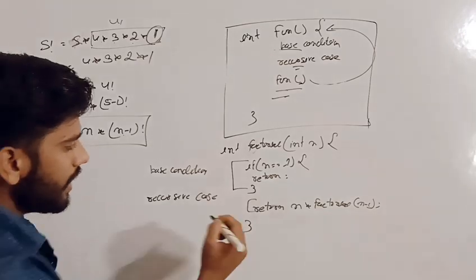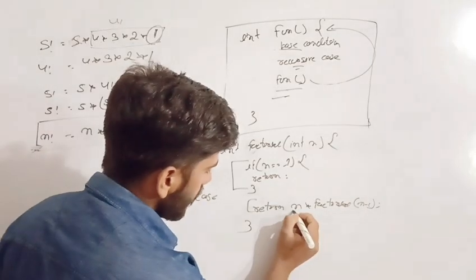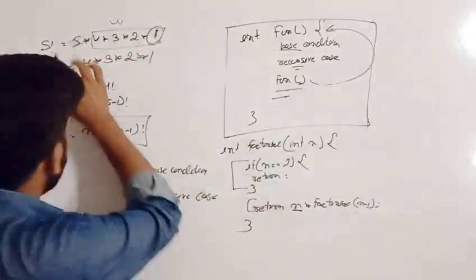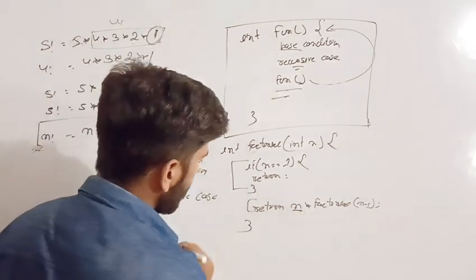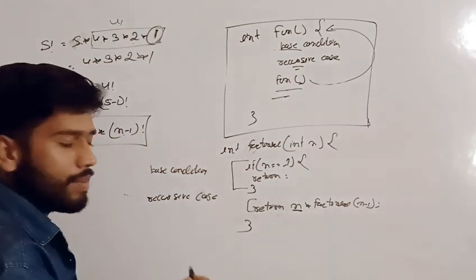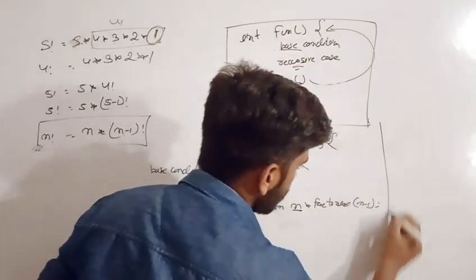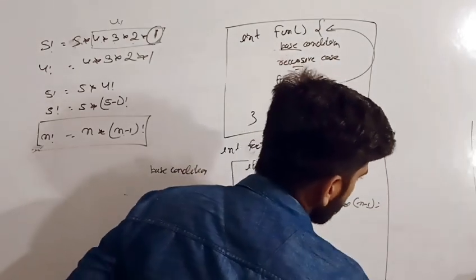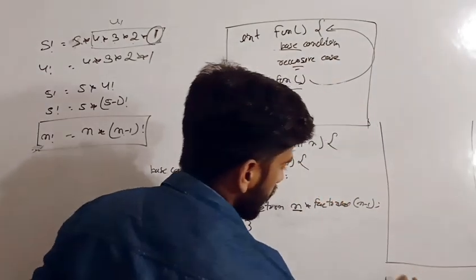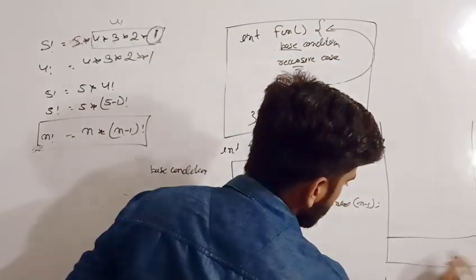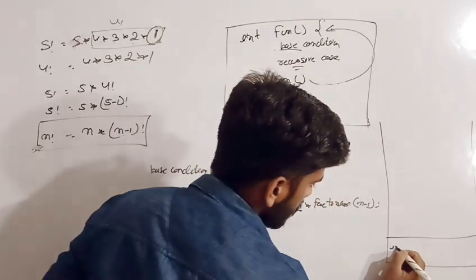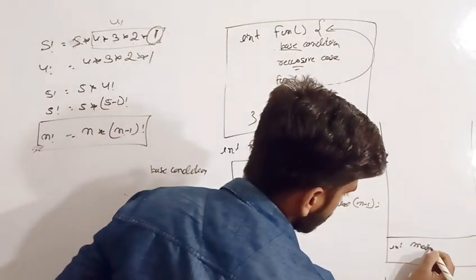Now, suppose n is 5, and we will implement this with the help of a stack. Okay, here is our stack. In our stack there is main, the main function.